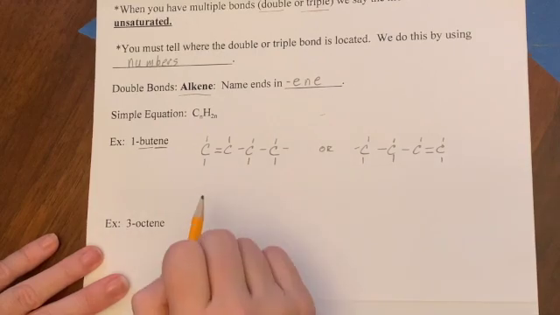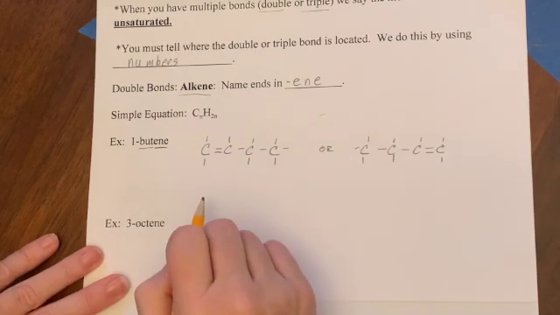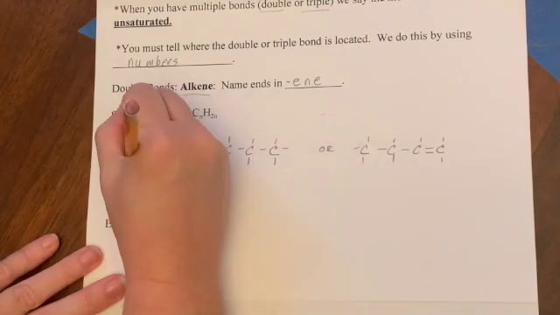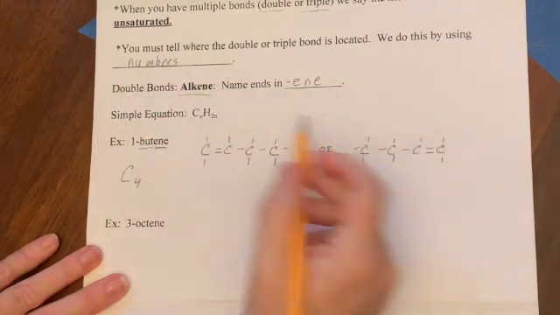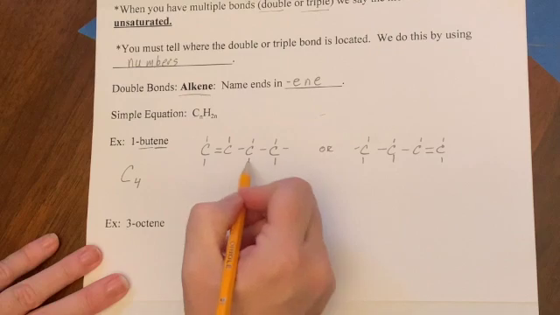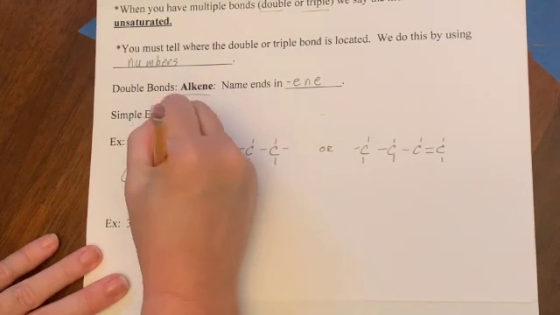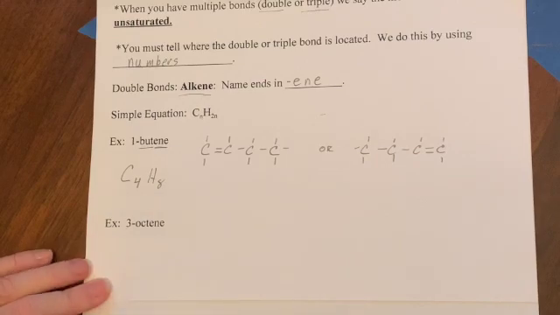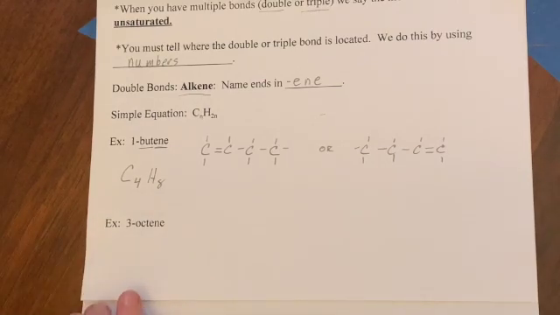Both of these are acceptable structural formulas for 1-butene. The molecular formula for 1-butene is simply C4H8. All right, let's go ahead and why don't you take a second and do the 3-octene.